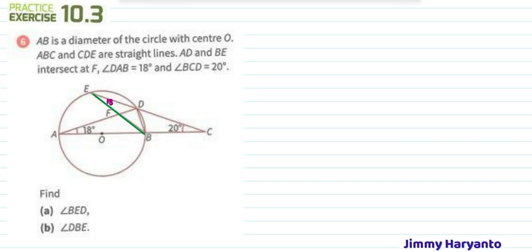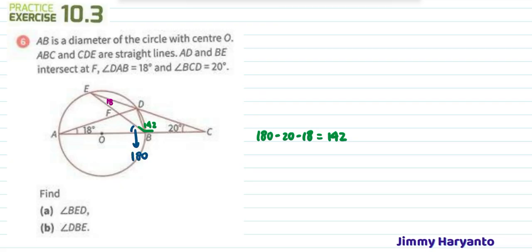Using this triangle, we can find the angle of B. So this angle will be 180 minus 20 minus 18 equals 142. So this one is 142. And then next, I think I can get this one. 180 minus 142 equals 38. So this one is 38.